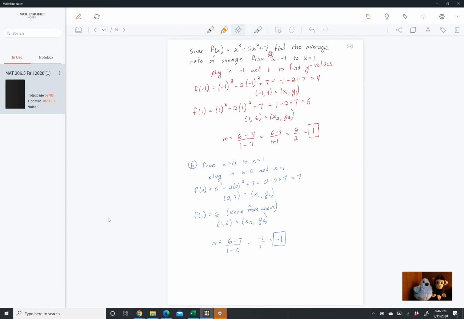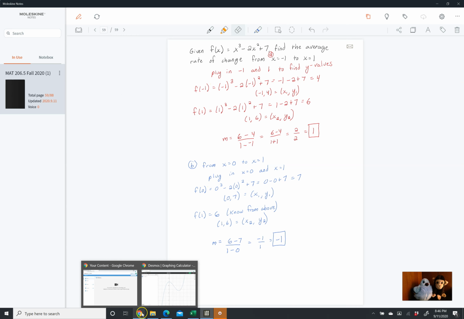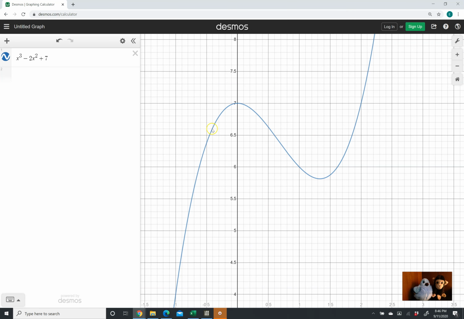The only difference between what we did here and the difference quotient is that the difference quotient generalizes this. This helps us find the average rate of change for very specific points, very specific x values. The difference quotient allows us to find the slope for any 2 points, okay, without knowing what those 2 points are.